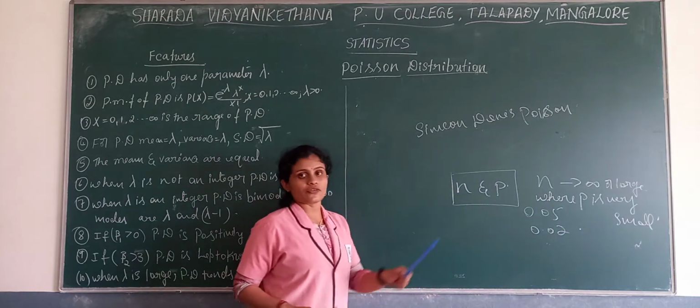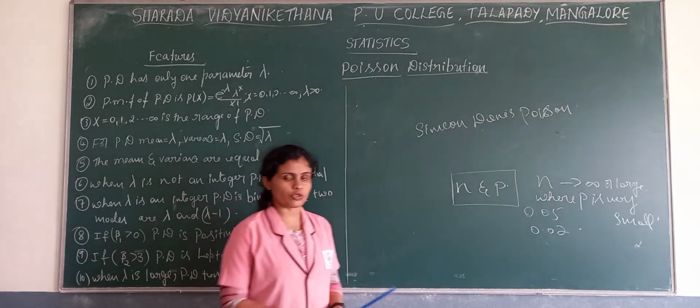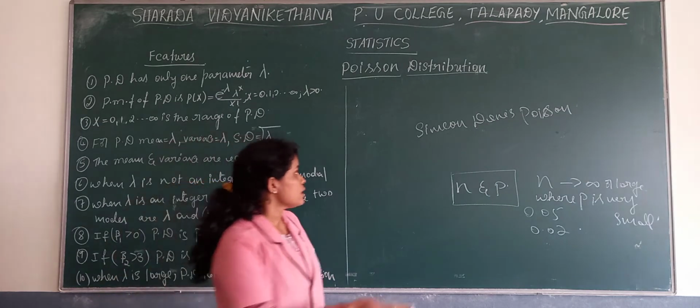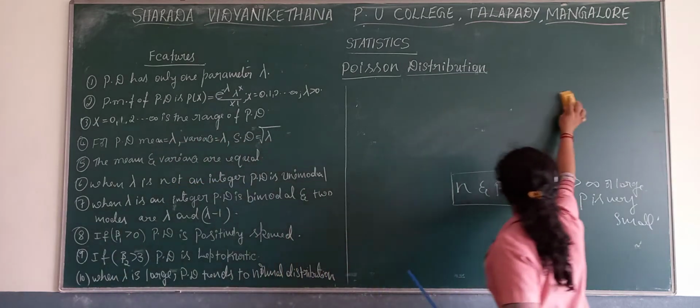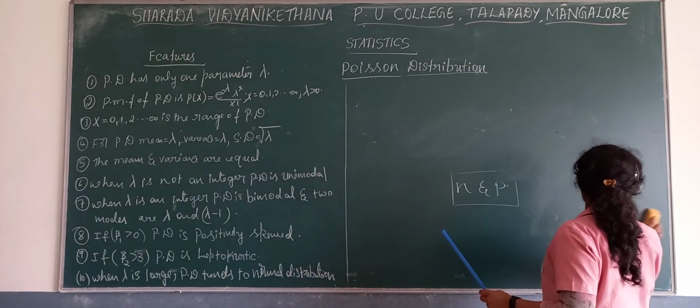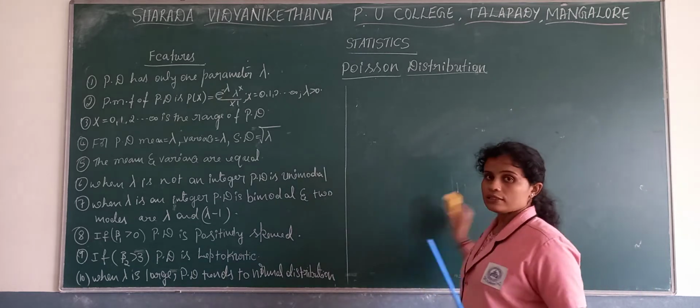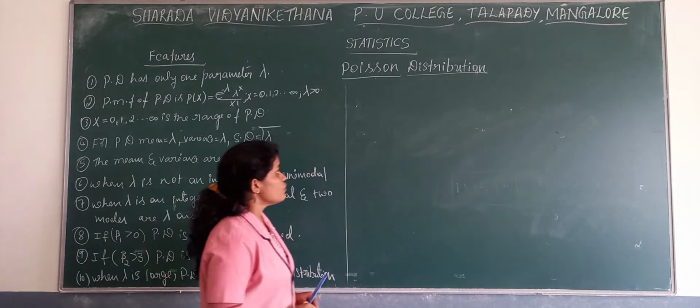So now we will write the definition of Poisson distribution. It is the same as the definition we wrote for binomial distribution, just the function will vary.